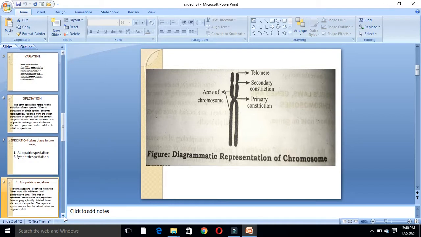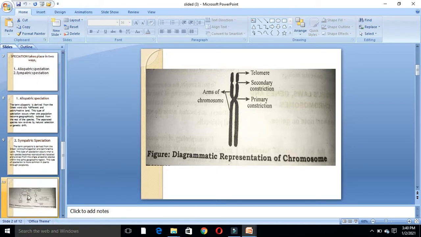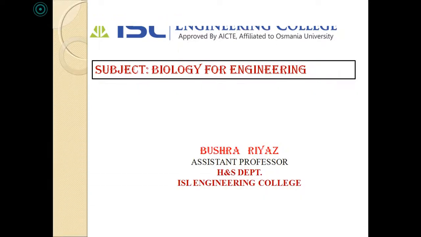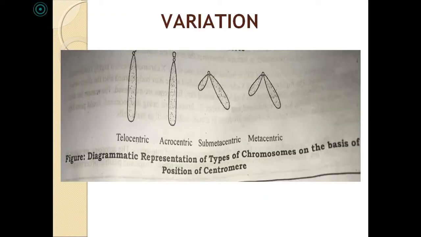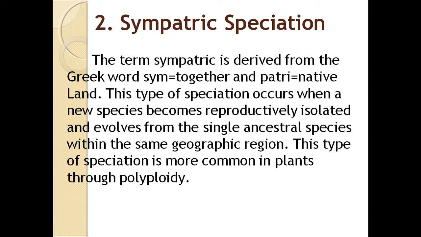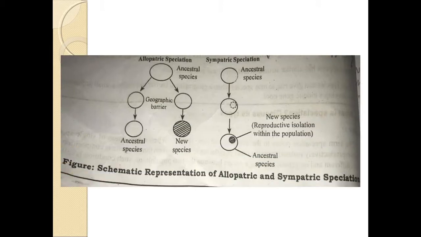The last one we were discussing, the schematic representation of the sympatric and allopatric speciation. In allopatric speciation, the ancestral species is nothing but the past population. Due to different geographical barriers, like formation of mountains, the population is separated.